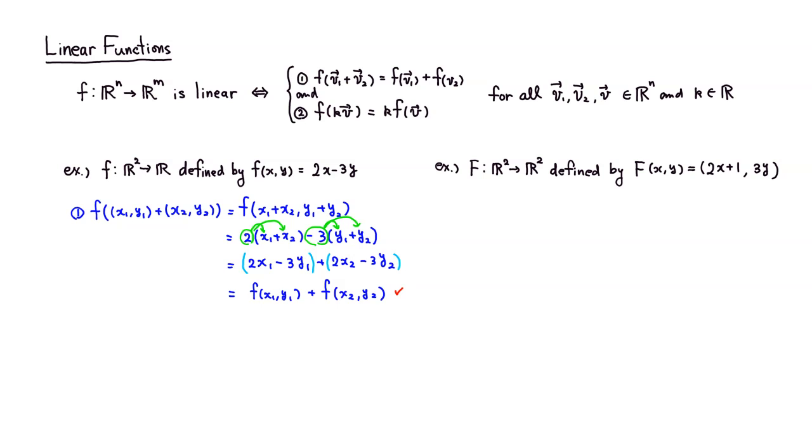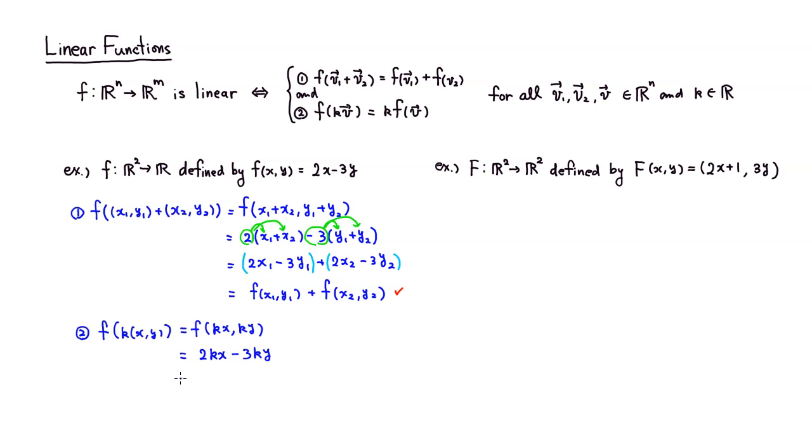All right, how about the second condition? It's kind of a tedious check. So f of k times x comma y. This is the same thing as applying k to both components, kx comma ky, then apply the definition. So it's 2 times the first component, minus 3 times the second component.